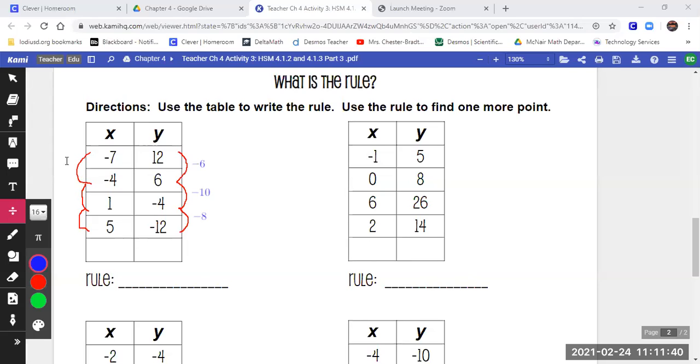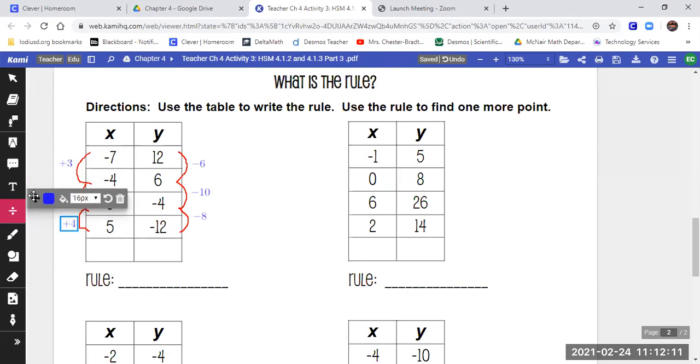Okay, so this one's adding 3. How about to go from -4 to +1? Adding 5. Okay. How about +1 to +5? What are we doing? Adding 4. Okay.